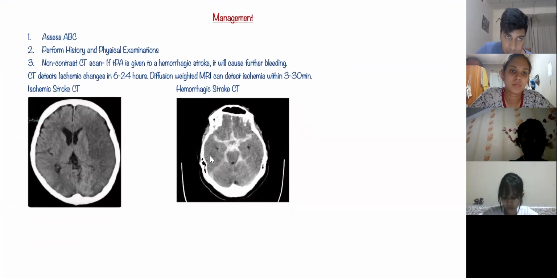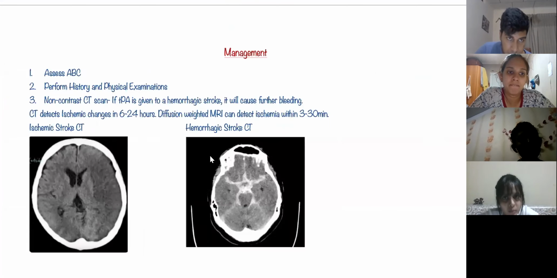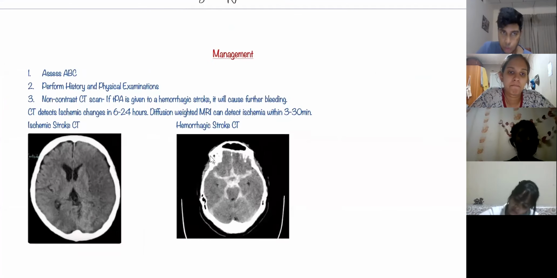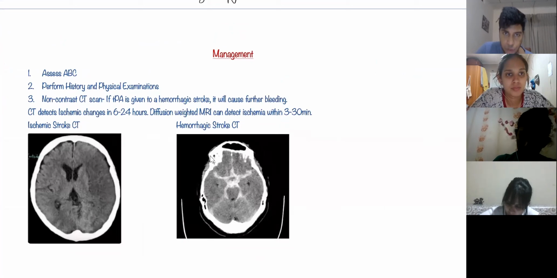The next thing you do is a non-contrast CT scan, because if you give TPA to a hemorrhagic stroke, it can cause further bleeding. CT is the gold standard for stroke management. CT detects hemorrhagic stroke immediately, but ischemic strokes take 6 to 24 hours.